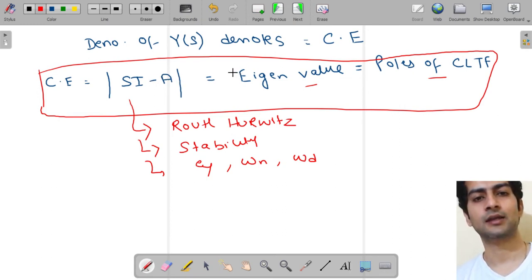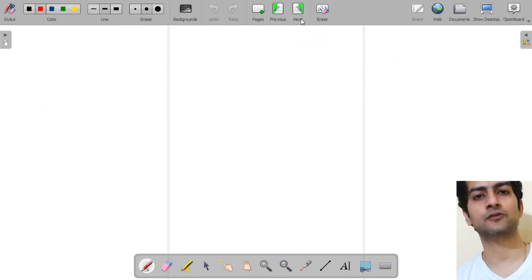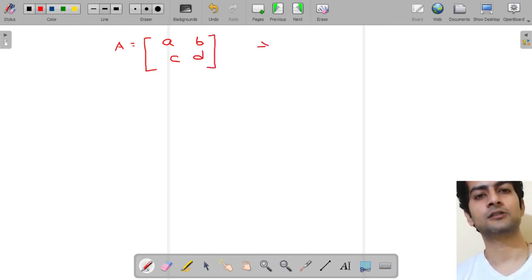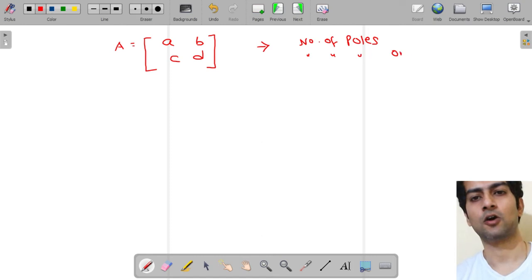So you can imagine what type of questions can be asked from you. Suppose they will just give you matrices A, B, C, D, and they can ask you anything. They can ask you to find the number of poles, the number of poles on the right hand side of the s plane.